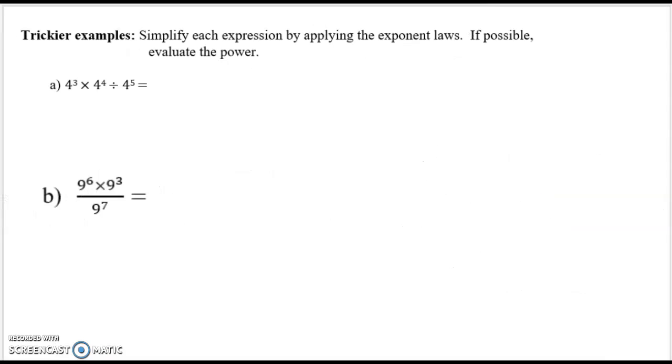Okay, and last is the trickier examples on the back of the page. It says simplify each expression by applying the exponent law. If possible, evaluate the powers. Okay, so for the first one, if we look here, when it's multiplying, it's adding, and then you'll notice over here we have dividing, which means subtracting.